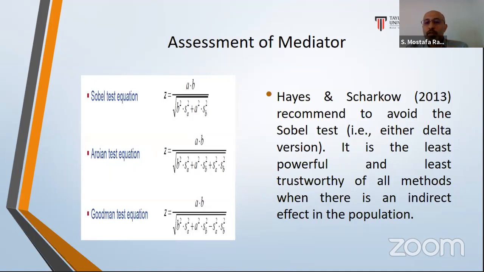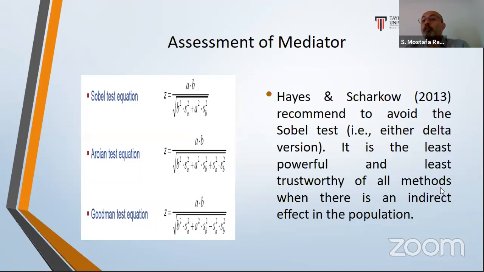But the work of Hayes and Scharkow, 2013, based on the simulation they have done, recommends avoiding the Sobel test. They also concluded Baron and Kenny is one of the least powerful approaches for assessment of mediator.